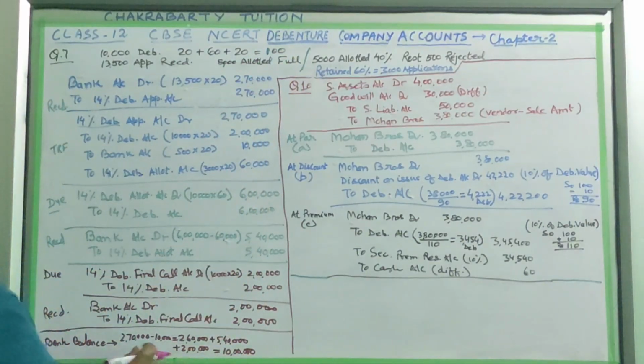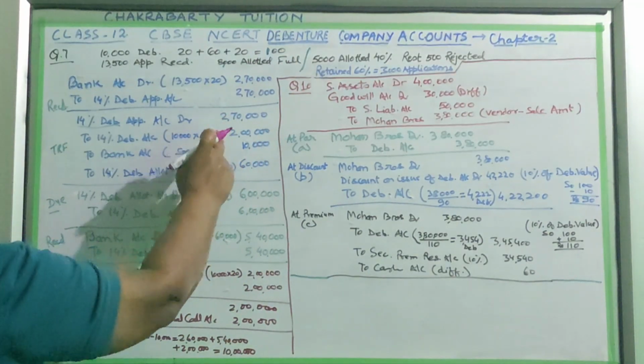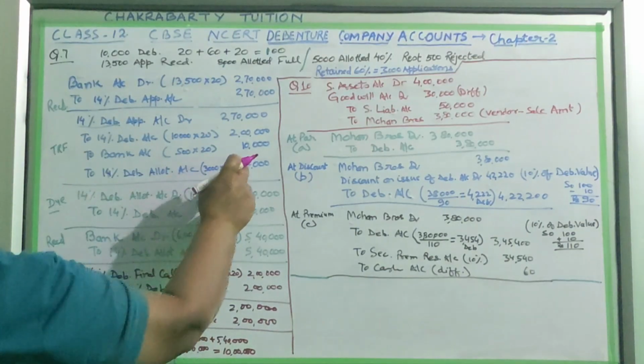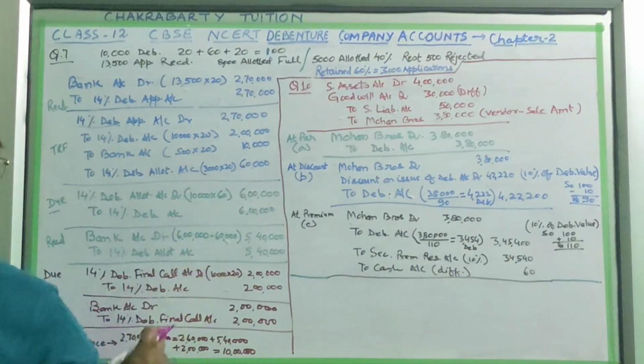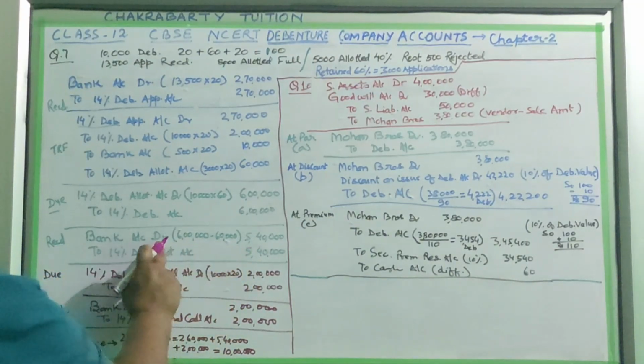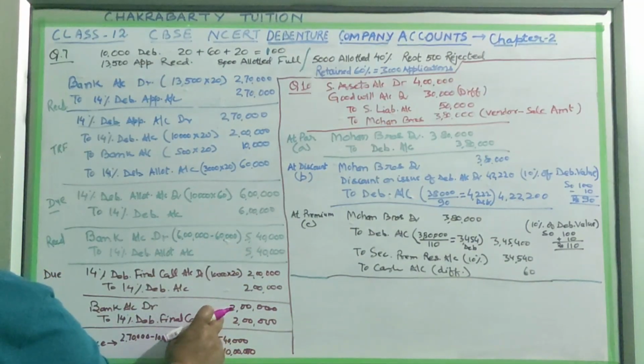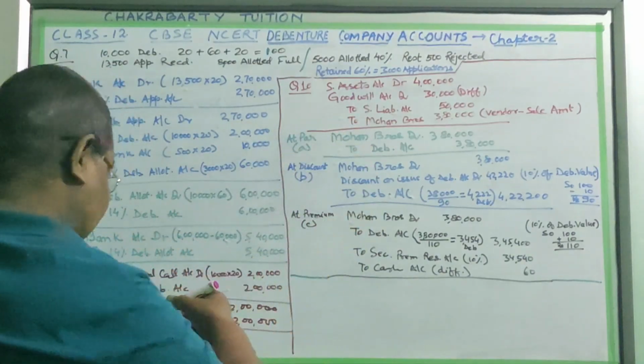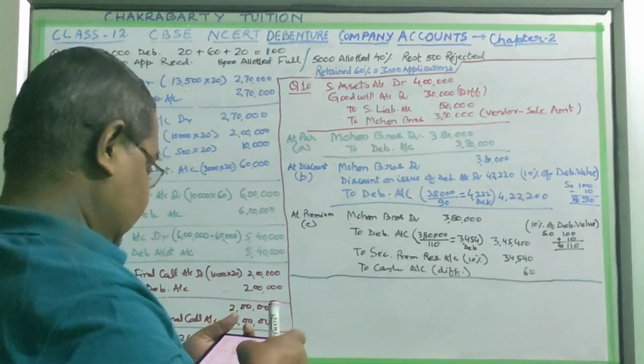We received 2,70,000 in the bank account, out of this 10,000 we returned, so 2,60,000 received. Then 5,40,000 received, and then 2 lakhs in the bank account. Altogether it comes to 10 lakhs, so your check is also okay. The question is over. Now we will cover question number 10.